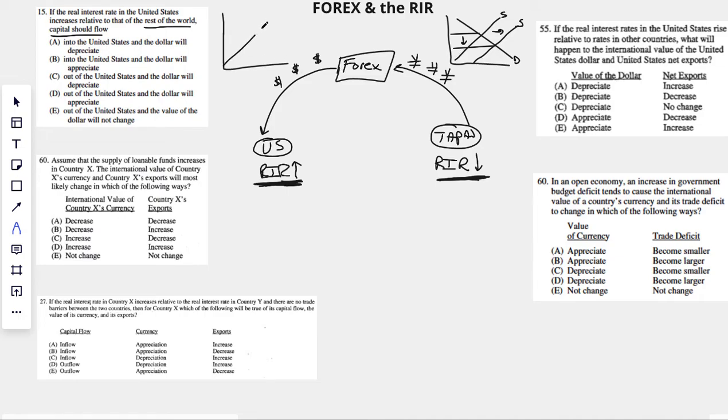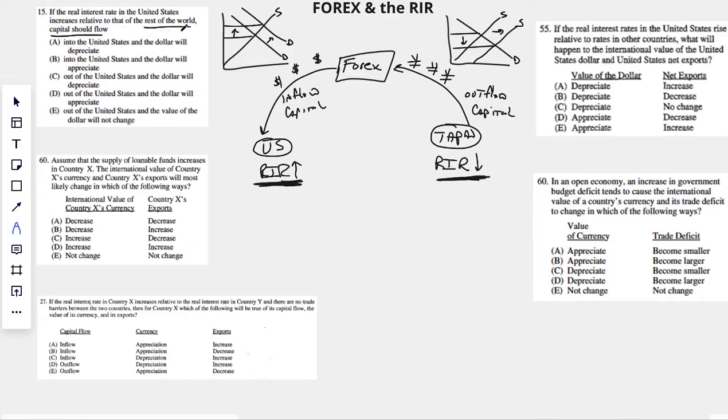At the same time, they're buying American dollars, so the demand for American dollars is increasing, driving the value up. We can see there's going to be an outflow of capital from Japan and an inflow of capital into the U.S.